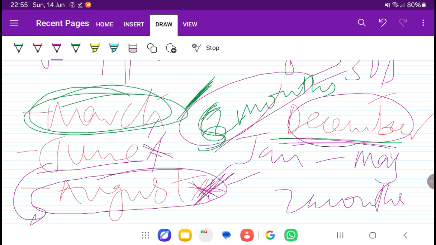So all of that helps you to analyze and make decisions, whether you're doing research or whether you're doing anything.